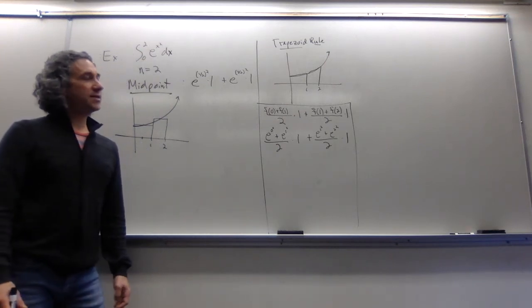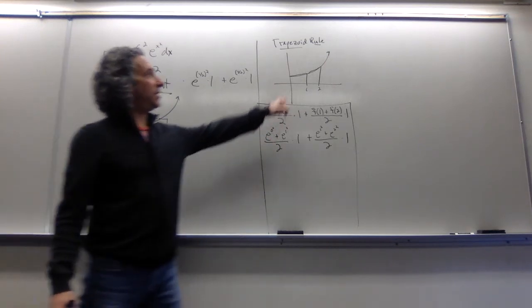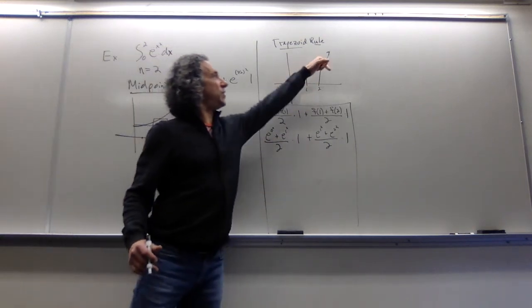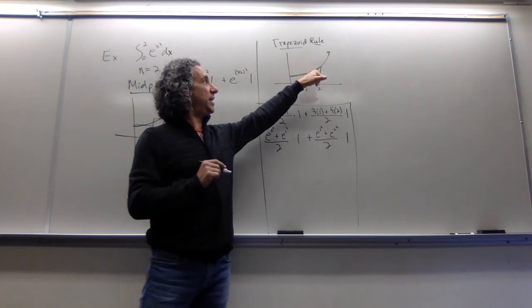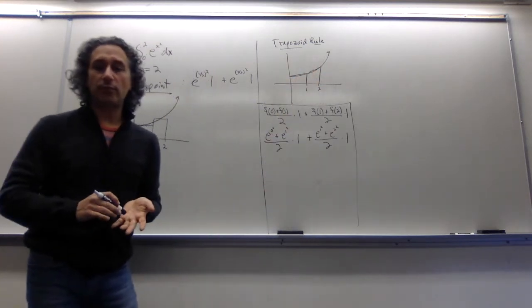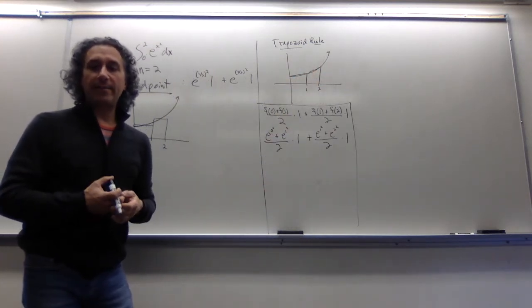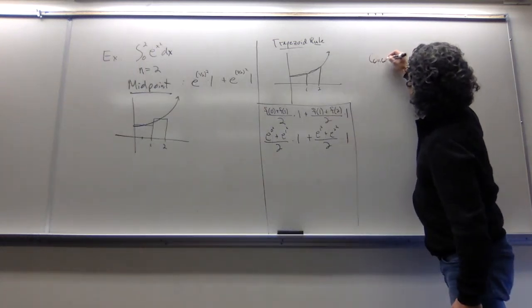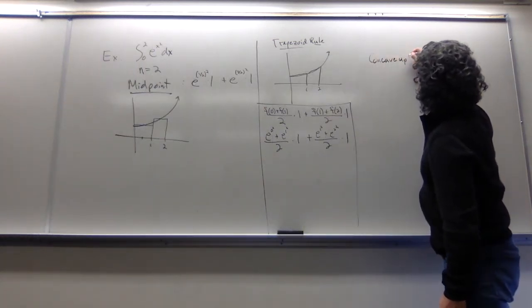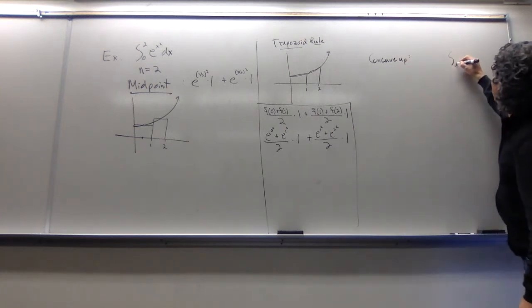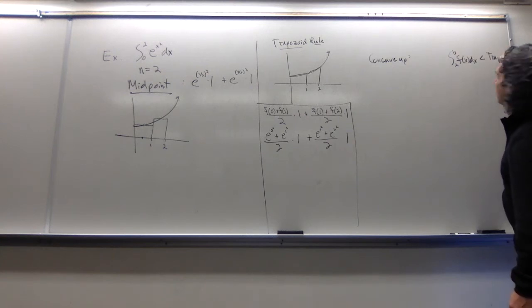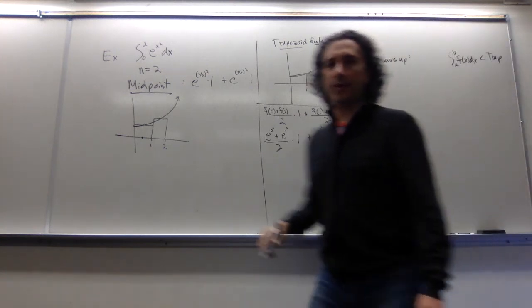If a function is concave up, we can see that we're going to have this straight line above the function, so that the trapezoid rule is going to be an overestimate. So if a function is concave up, and we have an integral from a to b of f of x dx, we're going to have the trapezoid rule up there.